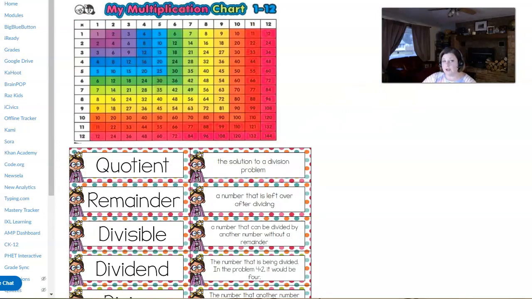If I'm not sure what 36 divided by 6 is, I can use a multiplication chart to help. Since the divisor is 6, I need to figure out what the dividend is. That's 36. So to find the quotient, look up on the multiplication chart. So 36 divided by 6 equals 6.